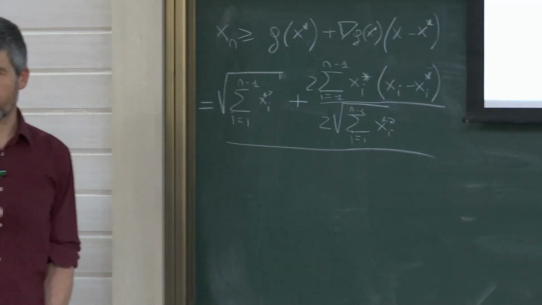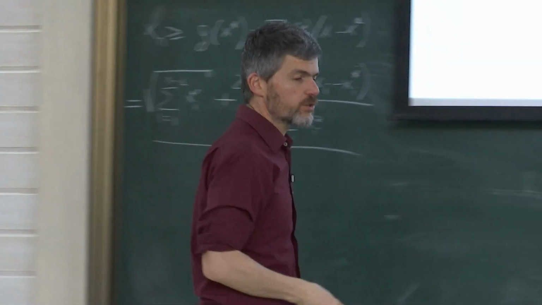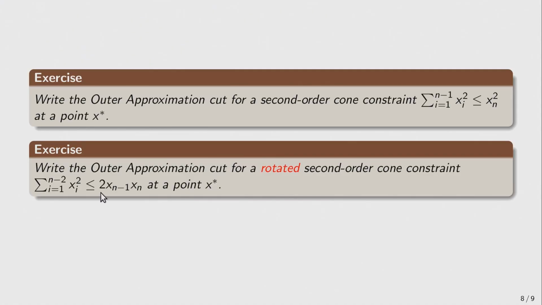That was a simple exercise in outer approximation. Tell me how you do now the rotated second order cone. If you take the square root of both sides, now you end up with something that is not xn on the right-hand side. So let's take the square root.